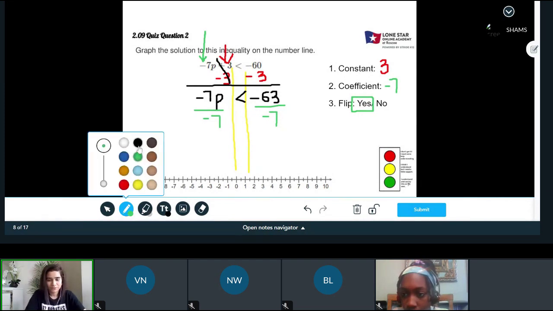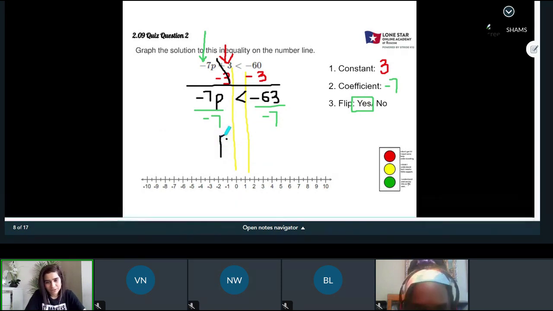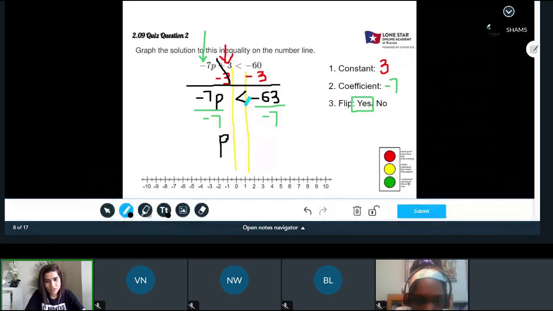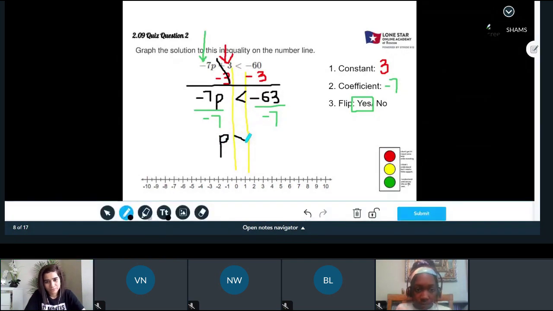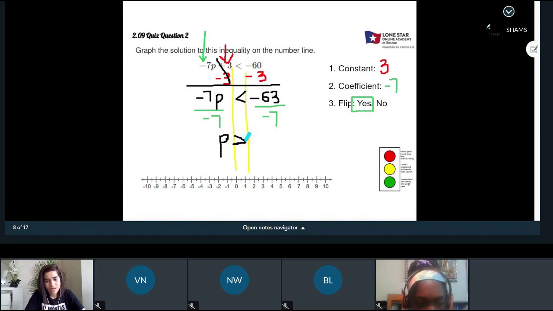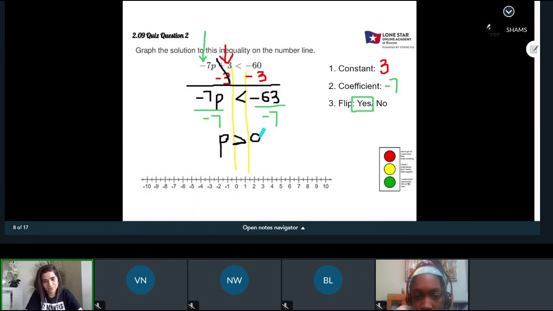So here, when we solve this, negative 7p divided by negative 7 gives us p by itself. I will flip the inequality symbol. It is less than. It becomes greater than. Negative number, negative 63 divided by negative 7 is a positive number. 63 divided by 7 is 9.